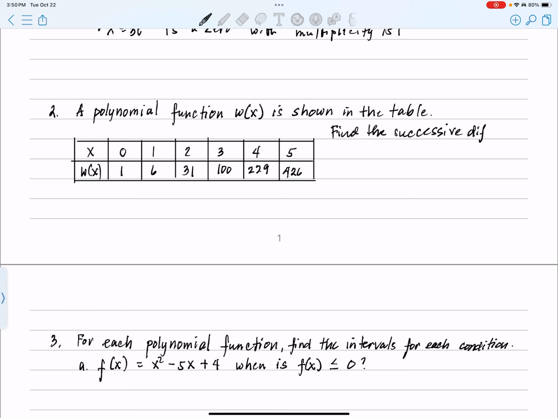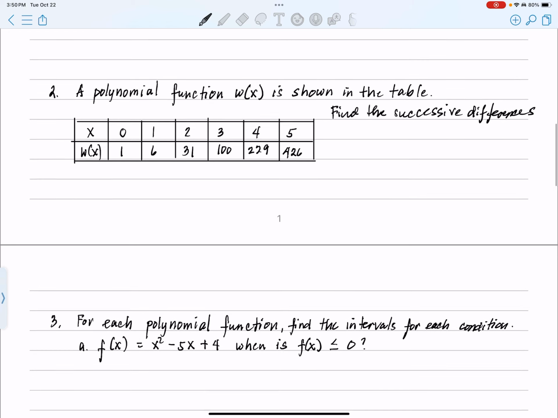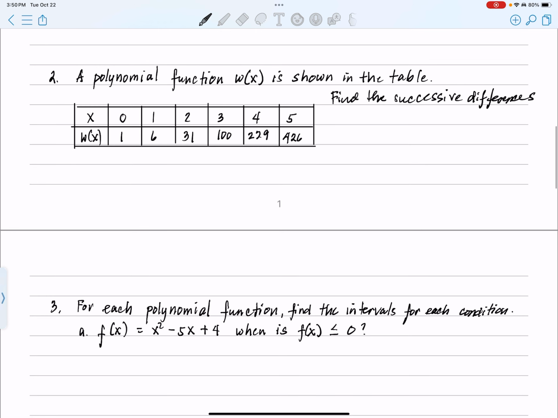Remember the degree? You can find it by using successive differences until you find the constant successive differences. That means find the degree of the polynomial function.